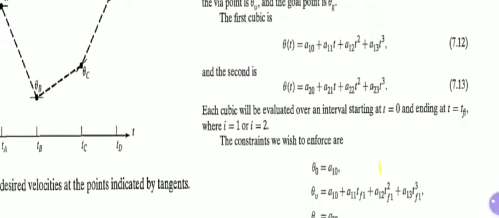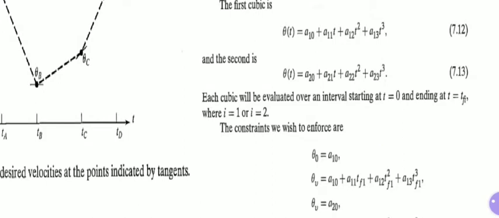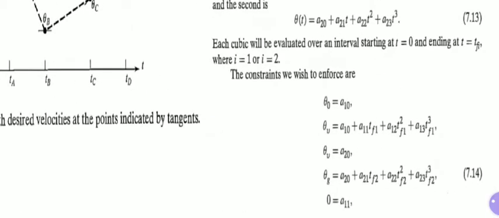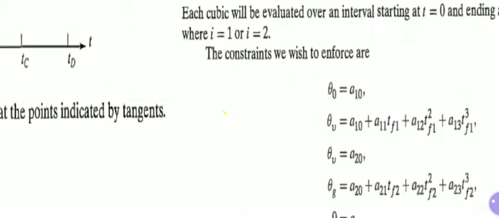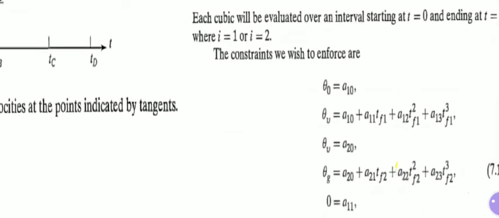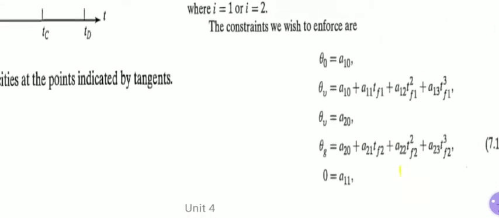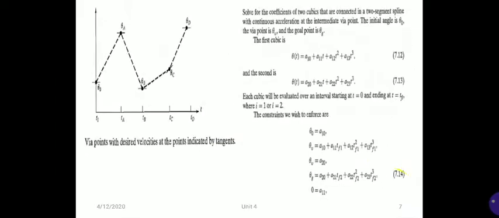So we have to find the values of a10, a11, a12, a13 and a20, a21, a22 and a23. By applying the conditions, we get 8 equations and 8 unknowns. With these, we get a10 equal to theta 0, a20 equal to theta A, while a11 is equal to 0.